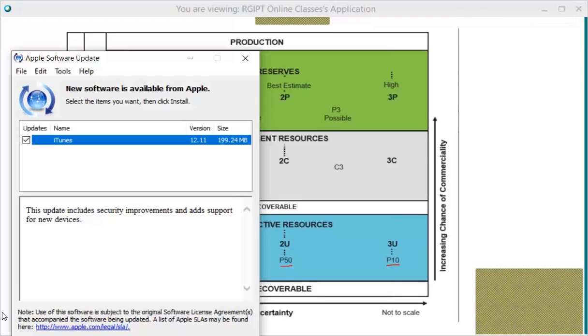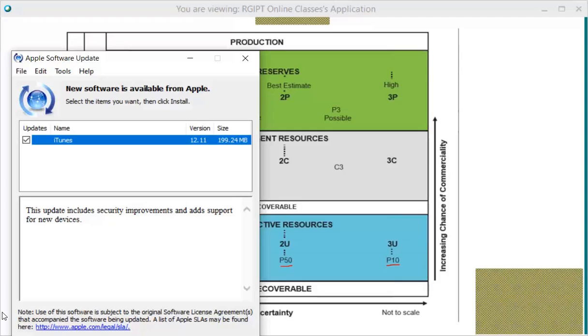Got that? Similarly, you have C1, C2, C3 for contingent resources. Let's say you have some resource which is sub-commercial at this time, but if oil price goes up, that becomes commercial.